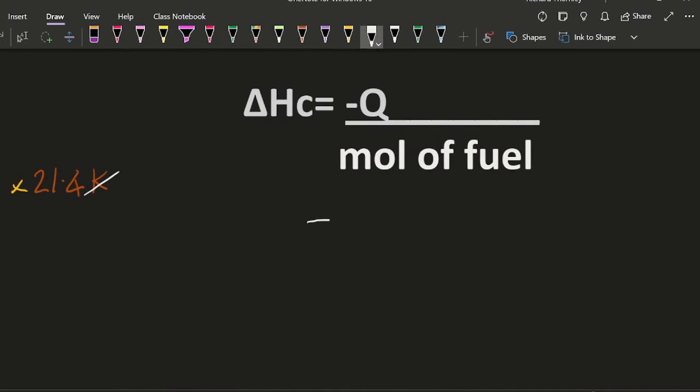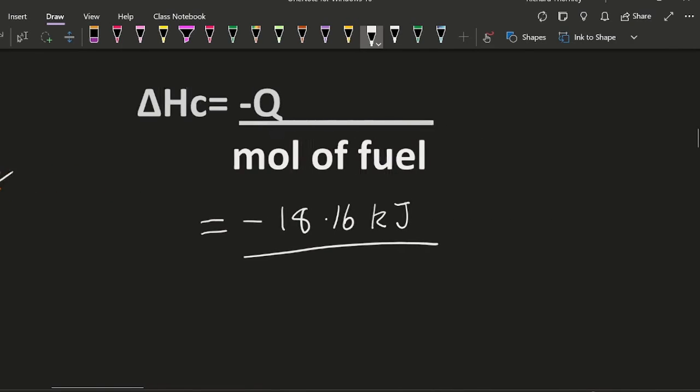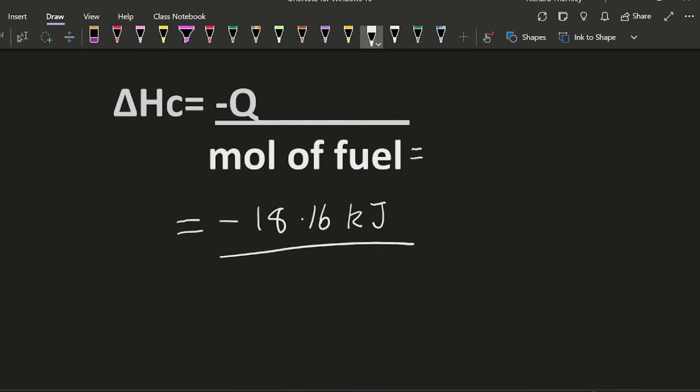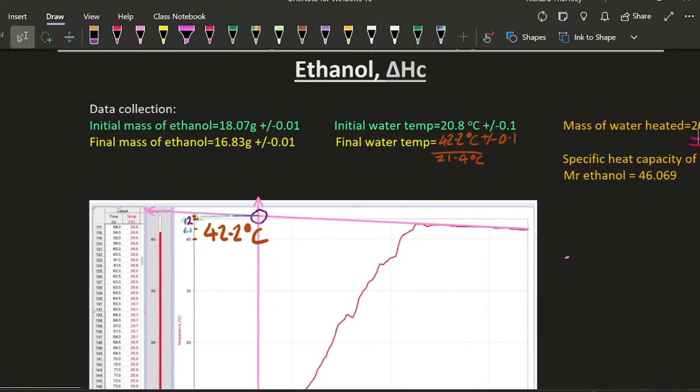So to work out my heat of combustion, that's what I'm going for, is minus 18 point, my God, how have I got such a short-term memory? 16 kilojoules. And now for the moles of fuel, well, don't forget moles is mass over molar mass. What was my mass of fuel? Taking a look here, well, it's going to be the difference between those two numbers, isn't it?